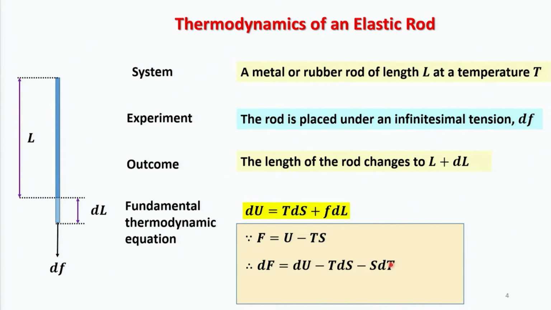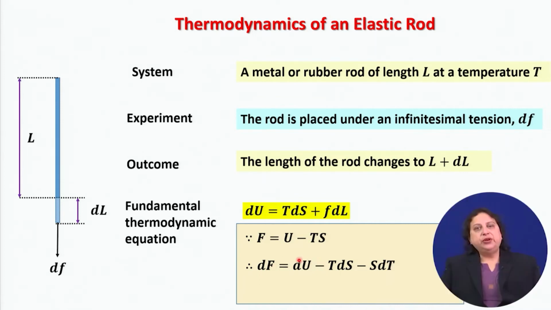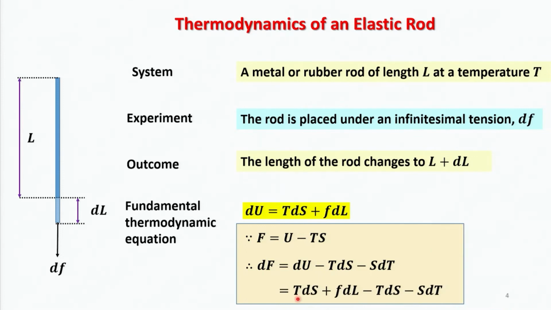That is trivial. Now, what I am going to do is, for my given system, replace this dU in this equation using the fundamental thermodynamic equation that I have written down by the combination of the first and second law of thermodynamics. Therefore, dF turns out to be TdS plus FdL, and then I am left with the other two terms as before.